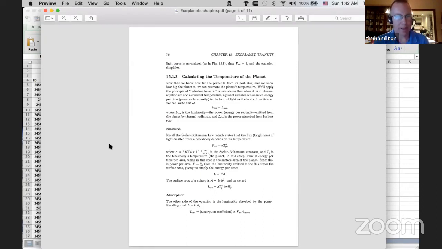The idea of radiative balance is that we assume that the planet is radiating as much energy per second as it absorbs from the star and from every other source of energy it's got, because we assume that it's at a stable temperature. It's not significantly heating up or cooling off on average as it goes around the star. Over each cycle, it maintains a static case.